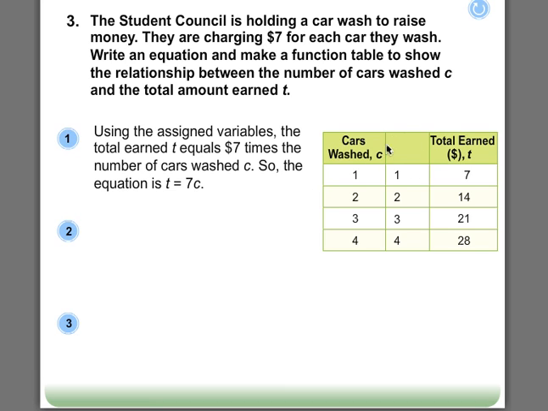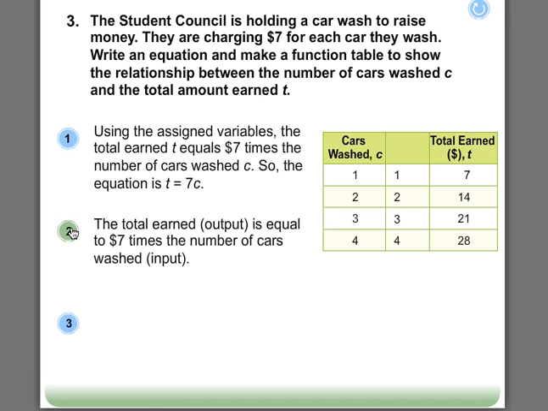So right here, this is where we've been doing our equation, T equals 7C. The total earned output is equal to 7 times the number of cars washed. Did you see this? 1 times 7 is 7. 2 times 7 is 14, because that's how many cars we washed.